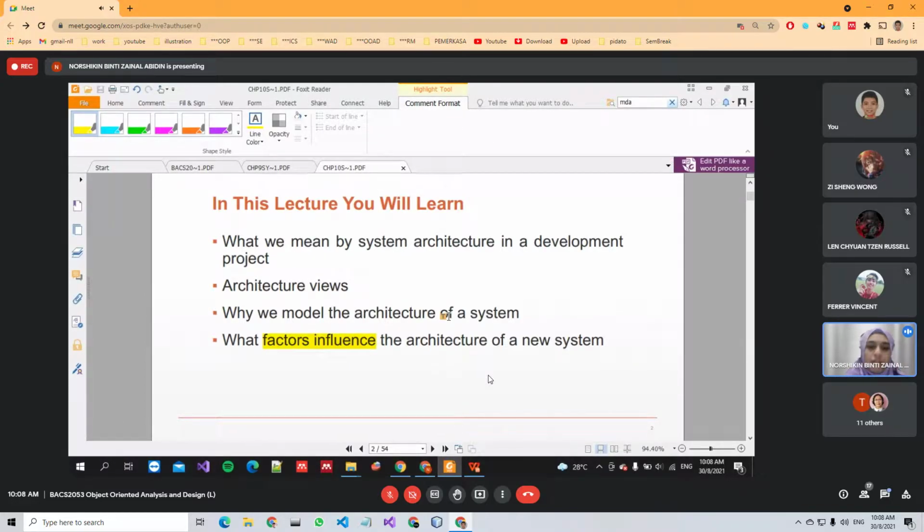These are the factors that will affect the architecture of the new system we want to design. This is the course outline for this chapter, which is 54 pages.